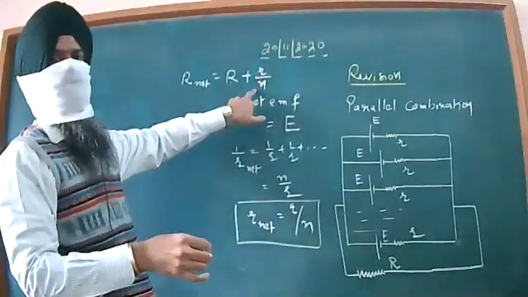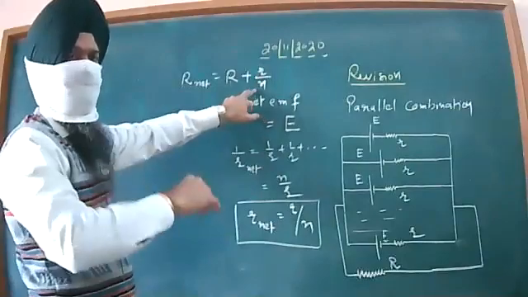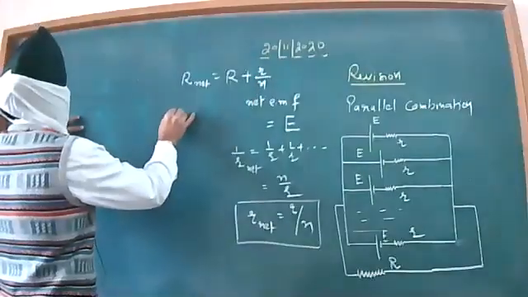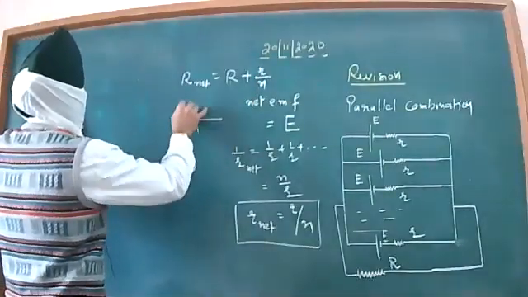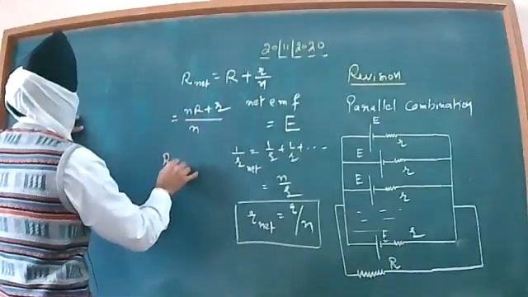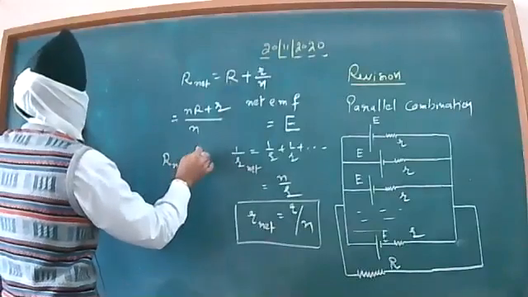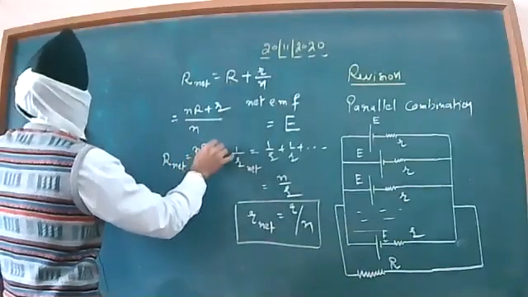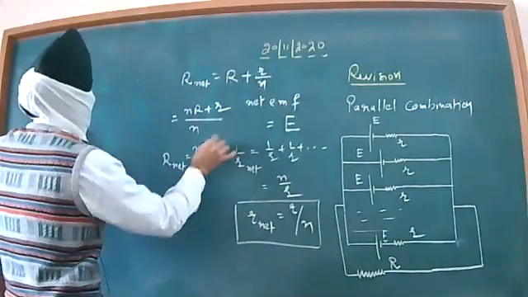This is the net value of the resistance now. Let us have this calculated further. This is equal to n into R plus small r, so R net is equal to (nR plus small r) upon n.